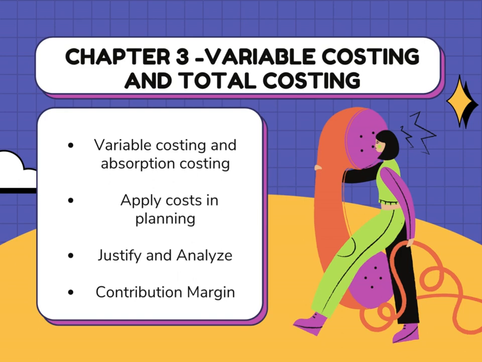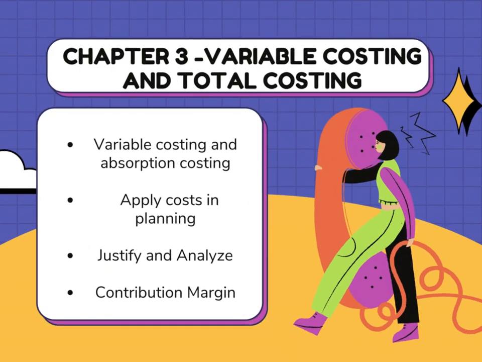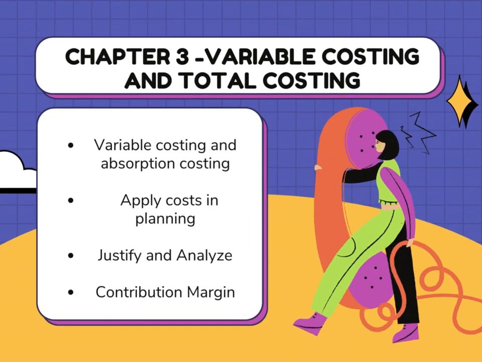Variable costing results: direct cost allocation, income statement, inventory valuation. And the key is to understand the rationale behind each method and use the one that aligns with the specific reporting and decision making needs of the organization.